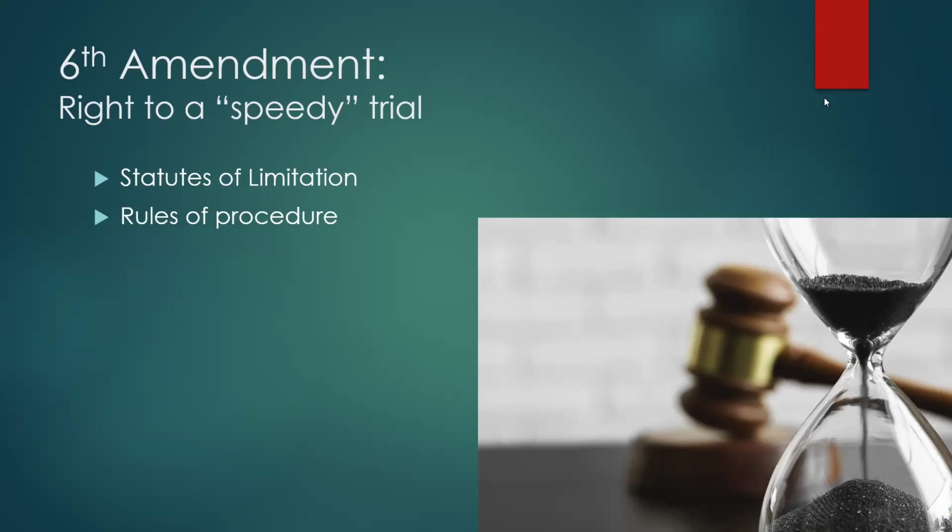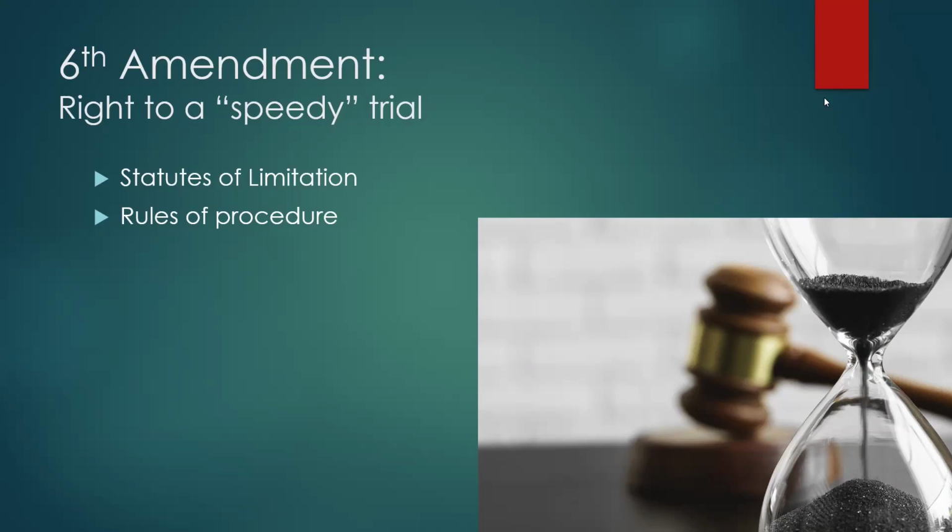Those rule books give the details and the deadlines, and they just ensure that the prosecution moves along at a steady pace, right? But the Supreme Court has never defined specifically the amount of time that can elapse between the crime and the prosecution, or the amount of time a prosecutor has to complete the case, to get all the way through trial.